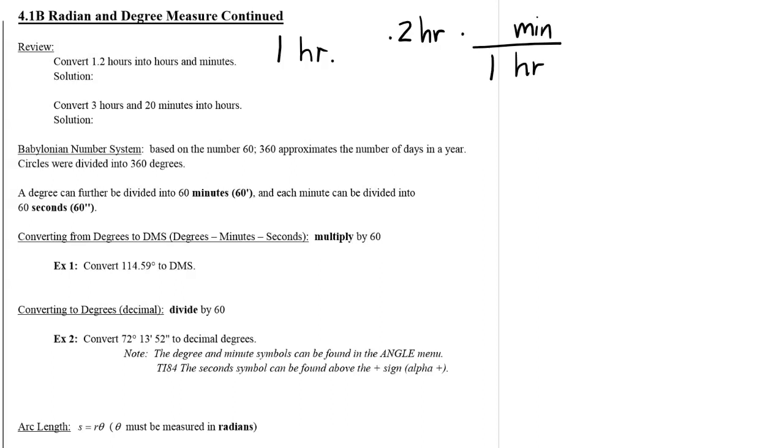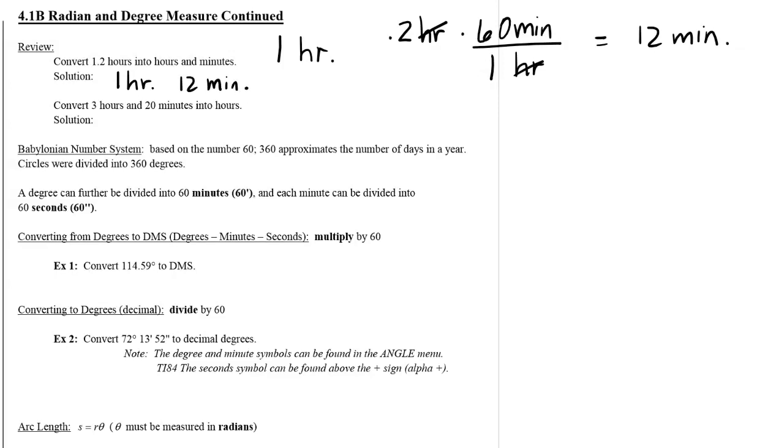And you know in 1 hour, you have 60 minutes. So now you can see that the hours are going to cancel. Then all you would do is take 0.2 and times it by 60, and that's going to equal 12 minutes. So basically you multiplied by 60. So 1.2 hours is equal to 1 hour and 12 minutes.